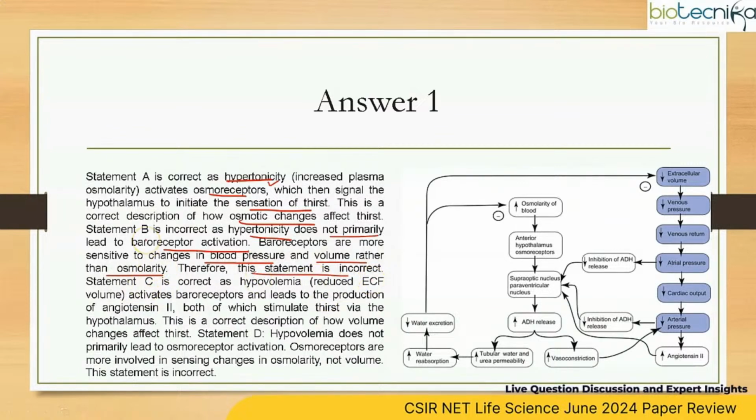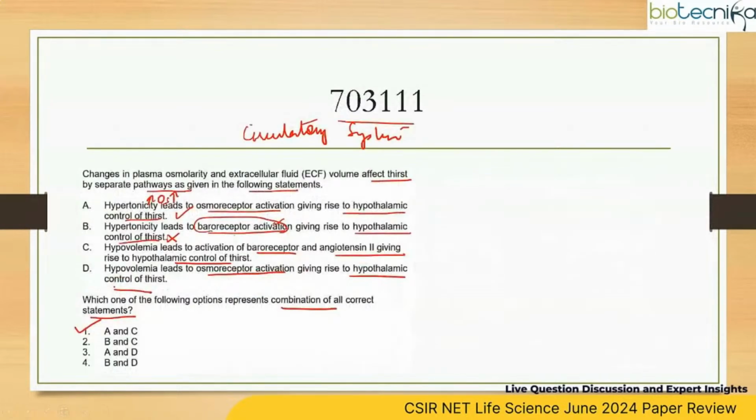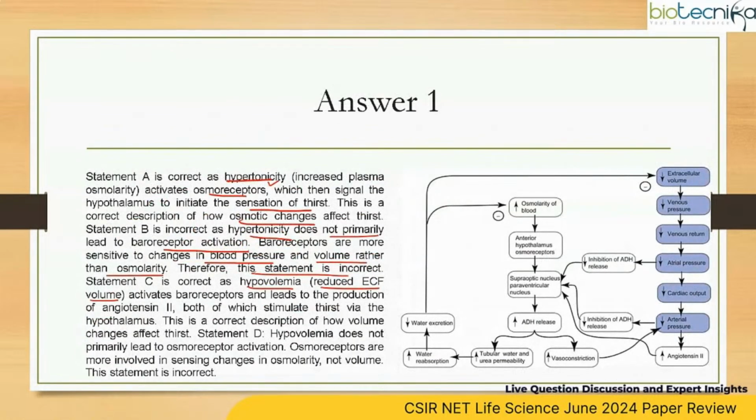Statement C talks about hypovolemia, that is reduced extracellular fluid volume. It says hypovolemia leads to activation of baroreceptor and angiotensin 2, giving rise to hypothalamic control of thirst. If extracellular fluid is decreasing, what happens? Baroreceptors will get activated.